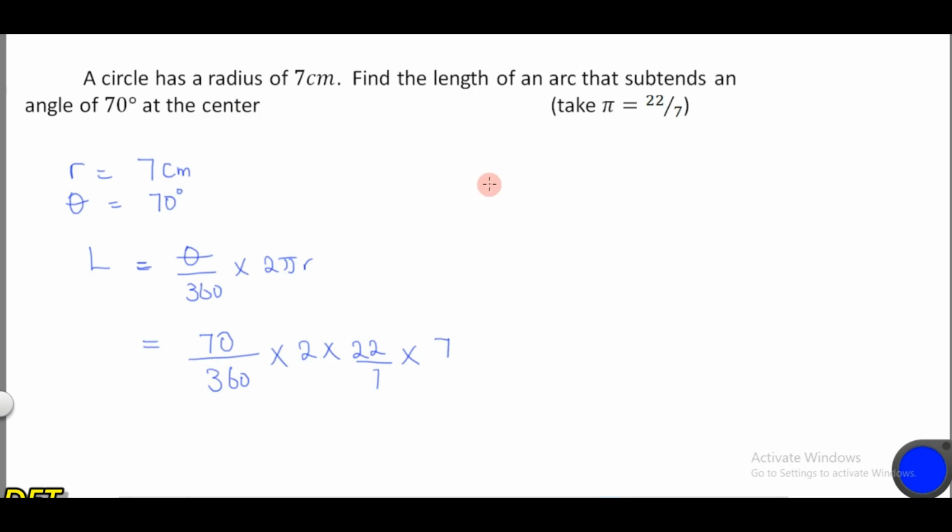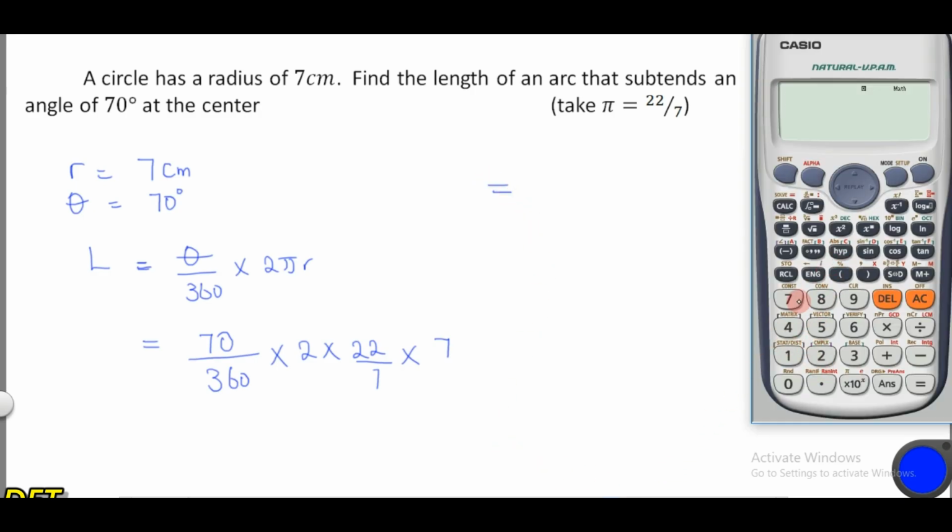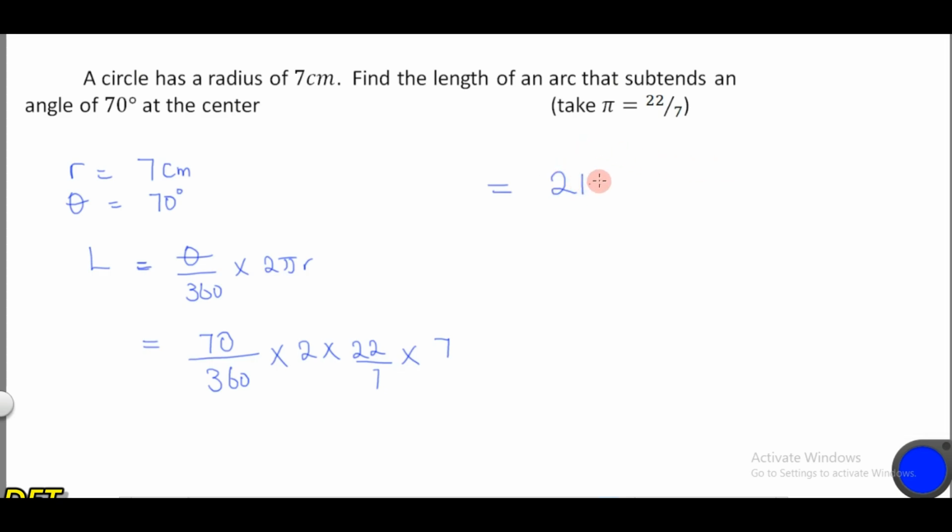So that will be equal to, if I bring out my calculator, I'll punch that in: 70 times 2 times 22 times 7. That will be equal to 21,560. So that will be 21,560 divided by 360 times 7. This is 22 over 7, right?